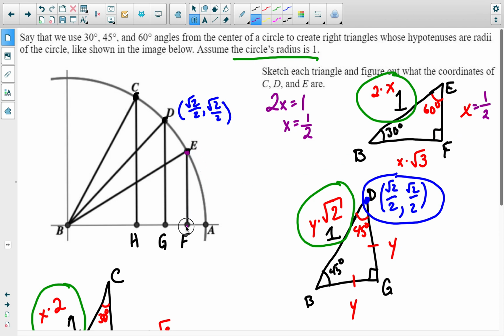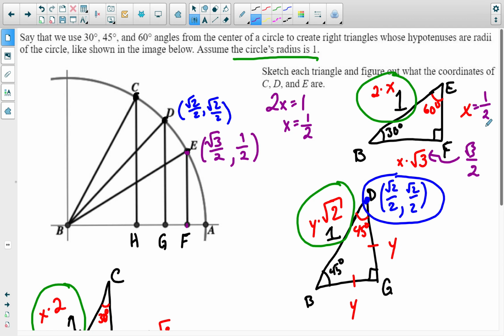This distance right here would be 1/2. That's our vertical distance, so it's a 1/2 here. Meaning x times the square root of 3, 1/2 times the square root of 3, would just be the square root of 3 over 2. Okay, and that's this leg length right here. Square root of 3 over 2.